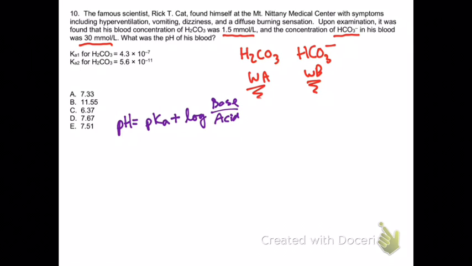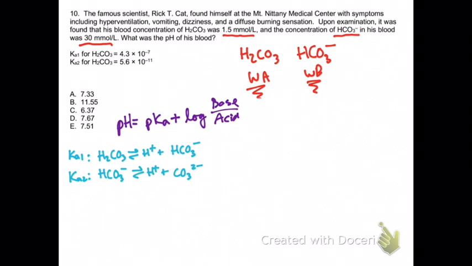Okay, so we need to figure out which K value to use, and if we think about Ka1 versus Ka2, Ka1 is H2CO3 dissociating into H+ and bicarbonate HCO3-. Ka2 would be HCO3- dissociating into H+ and CO3 2-.